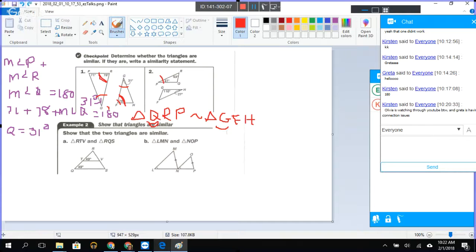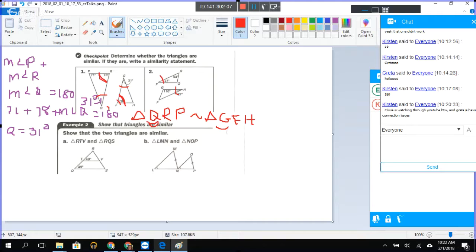I just wrote over top of 27. These two are congruent to each other. So that's a good start. Now, angle G and angle R obviously do not match each other, so we can figure out what one of the other angles is. Let's go with the bottom triangle. The measure of angle H plus G plus F is 180 degrees.